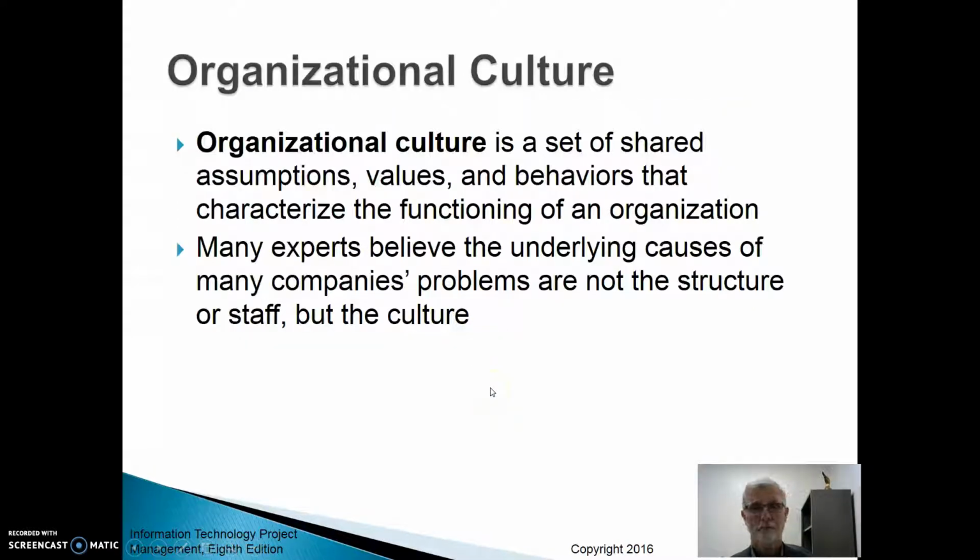The culture. Of course, culture is just a shared set of values and behaviors. In a lot of companies, this is probably the number one reason projects fail. It's not the staff. It's just that people don't like change, or you're changing an assumption, a value, the way they're going to behave and do their job. And people and change sometimes don't always get along.